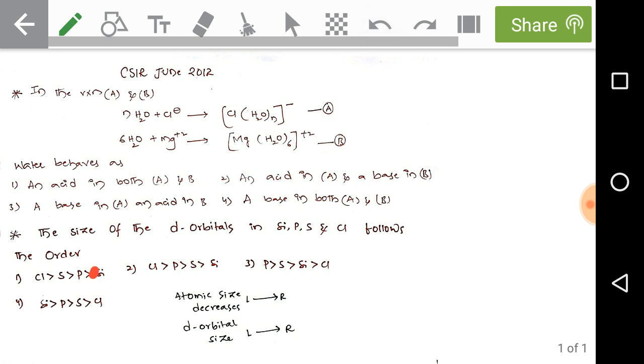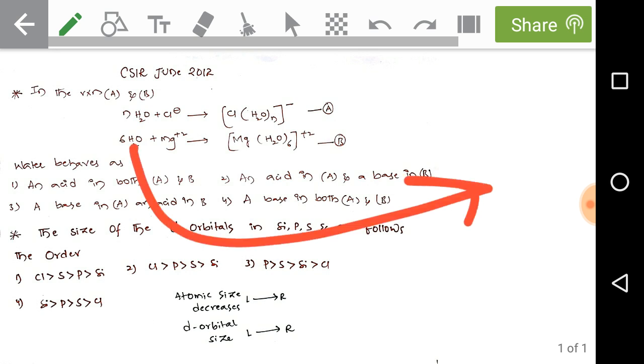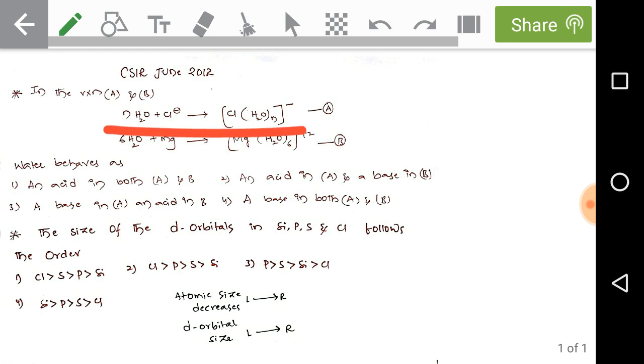Whenever an electron pair is donated, we call it a Lewis base. So in the second type of reaction, reaction B, water is acting as a base, whereas in the first reaction water is acting as an acid by donating its proton, through ion dipole interaction with Cl minus.